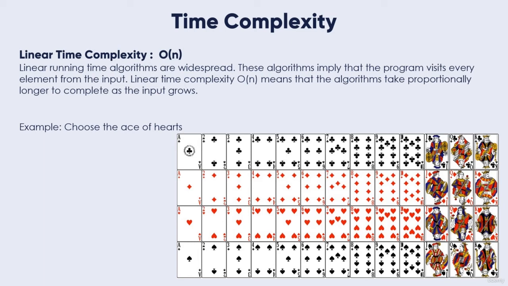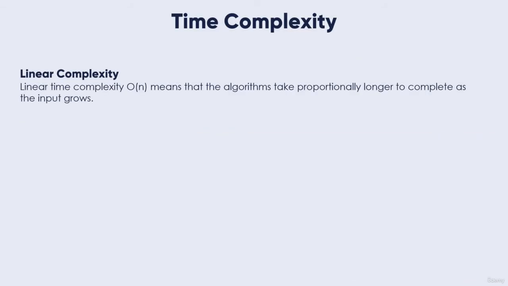As we increase the number of cards, we increase the time complexity to find a specific card. This is very important to understand. So in coding, linear time complexity means that the algorithms take proportionally longer to complete as the input grows.